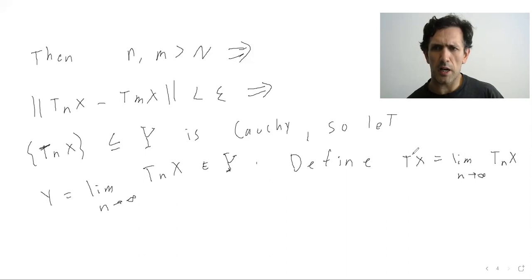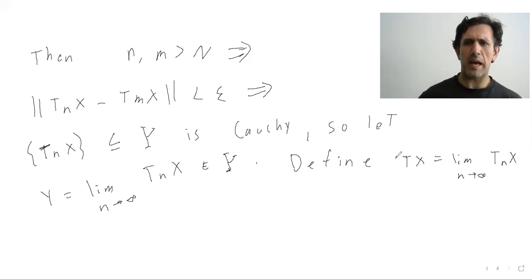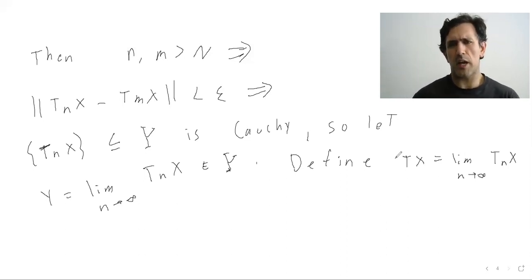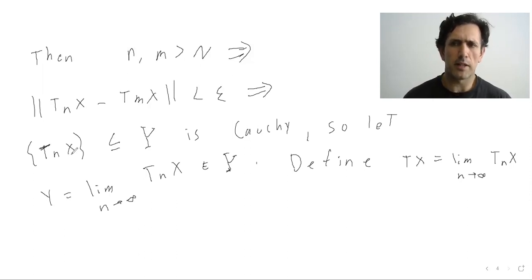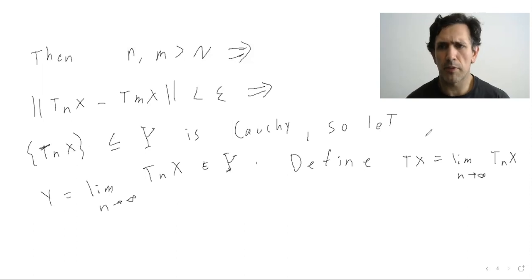Just take a step back, and this is certainly a nice, well-defined map from big X to big Y. Given something in big X, let's call it little x, Tn x is Cauchy, it converges to something. Let's say that something is Tx. It takes in something in big X, spits out something in Y. So no ambiguity whatsoever.